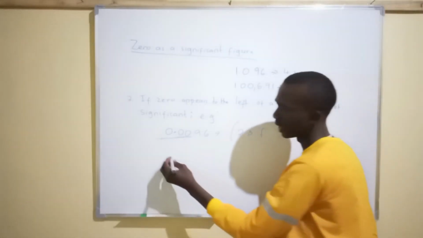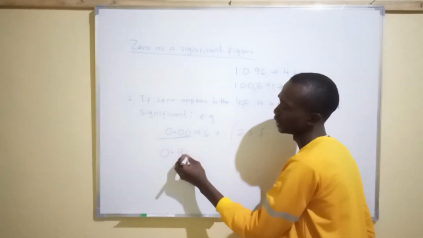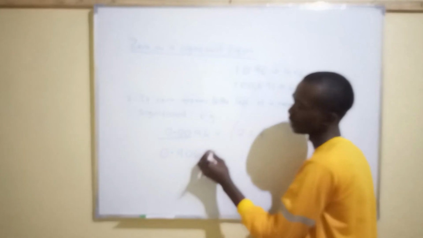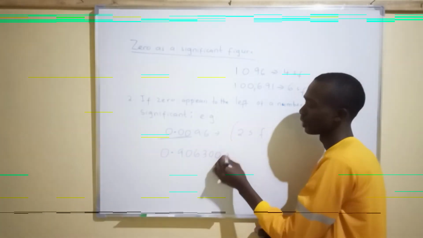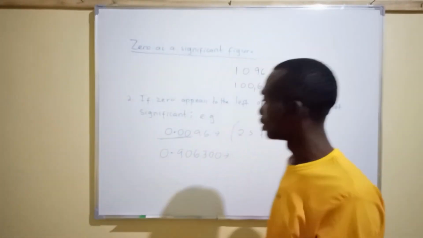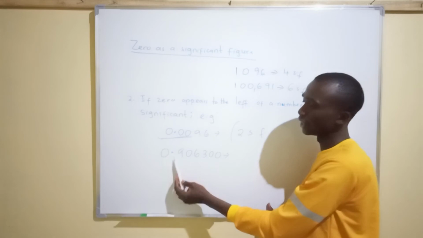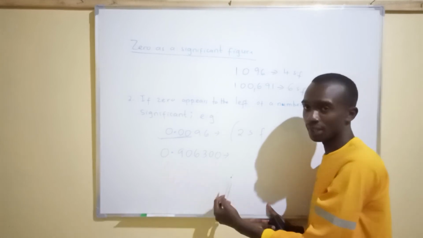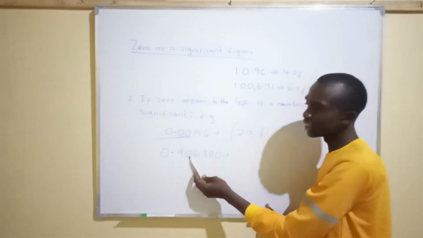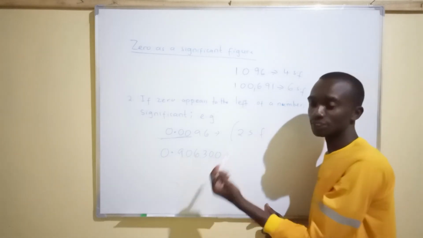Now if we had a number like 0.906300, how many significant figures are here? Again, the first 0 is to the left of this whole number. The second 0 is in between 9 and 6, which are non-zero digits.